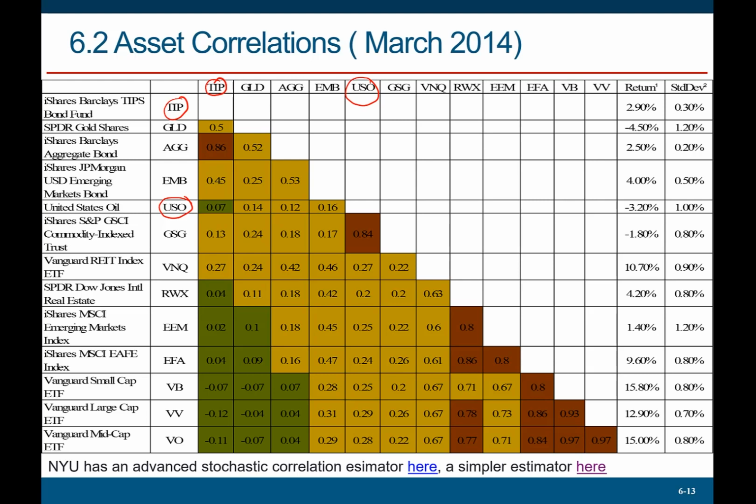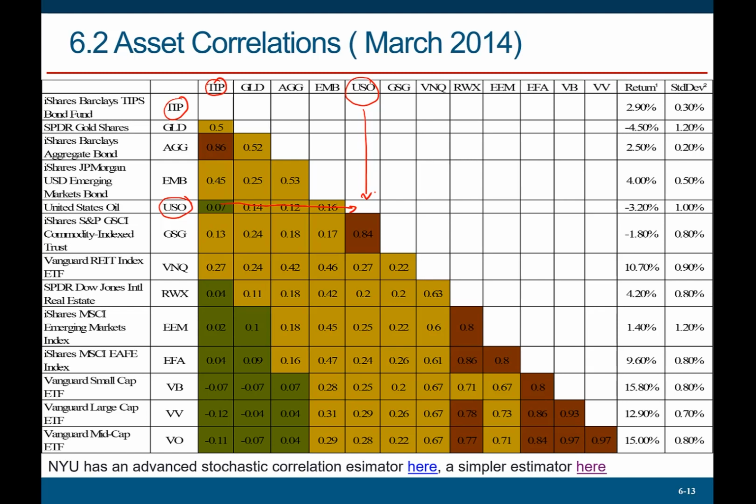For every diagonal cell, the cell is going to be empty, because the correlation of USO and USO is 1, since they're the same thing. So how does one relate to the other? It relates one to one. Correlation is 1, so it doesn't tell us much.